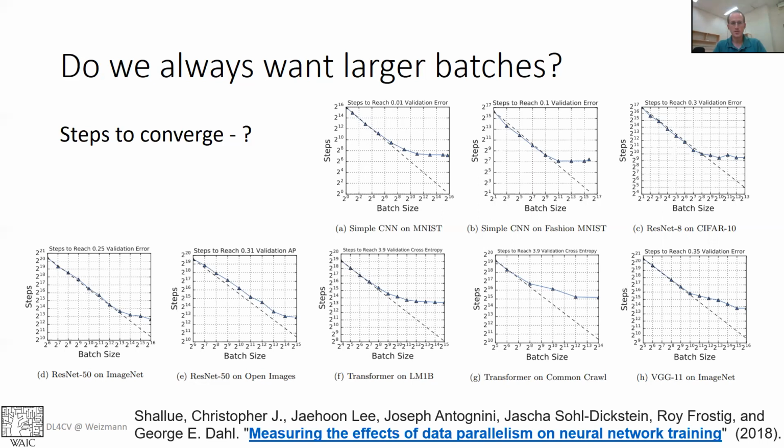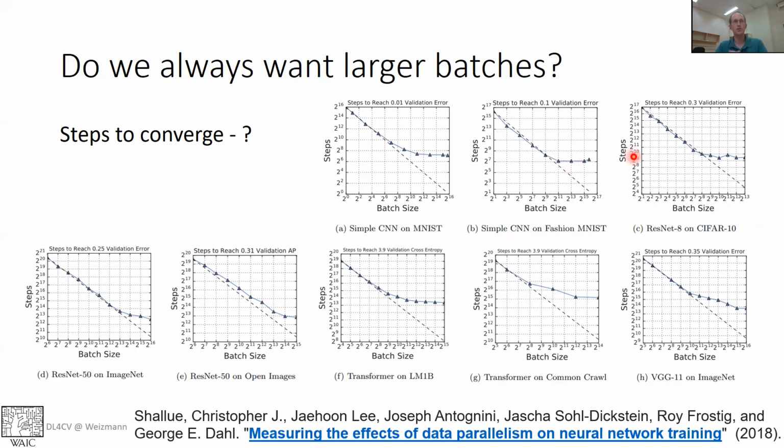And as you can see, usually it starts scaling linearly with the batch size. So as we increase the batch size, indeed, we need shorter times, but it doesn't go all the way for very large batches. At some point, and it's a different point for different models and different tasks, the graph just flattens.